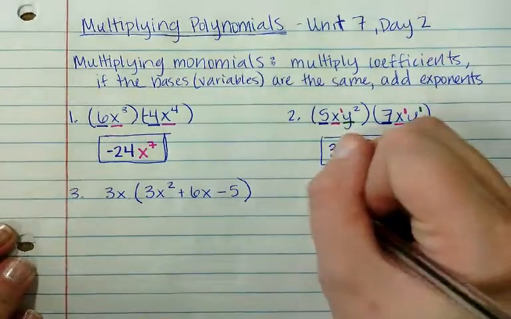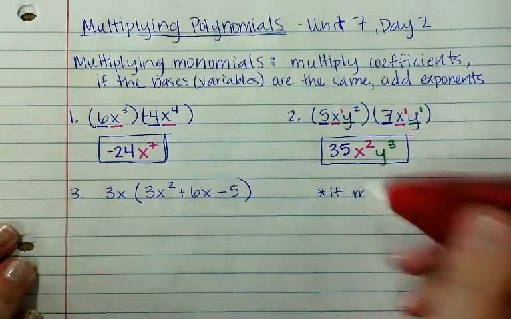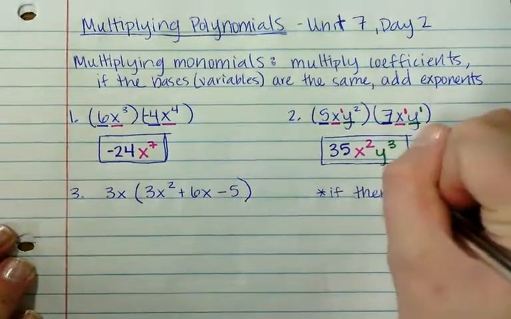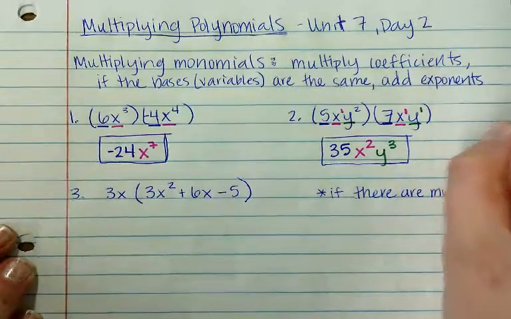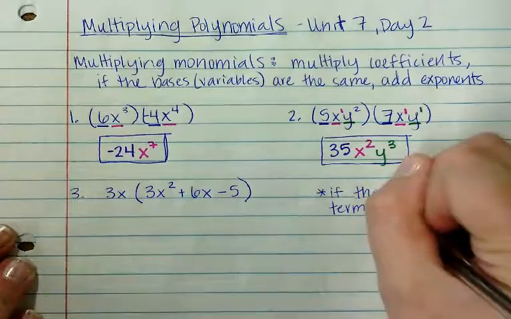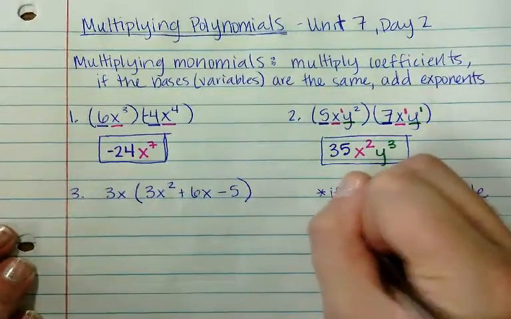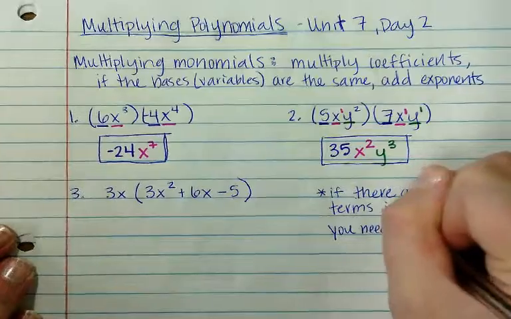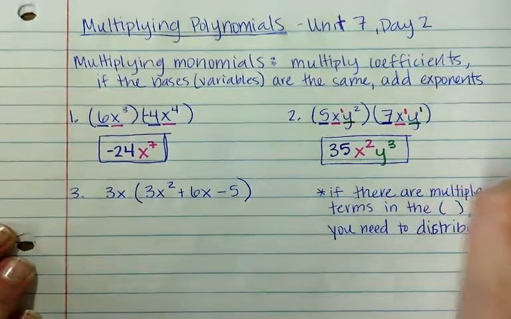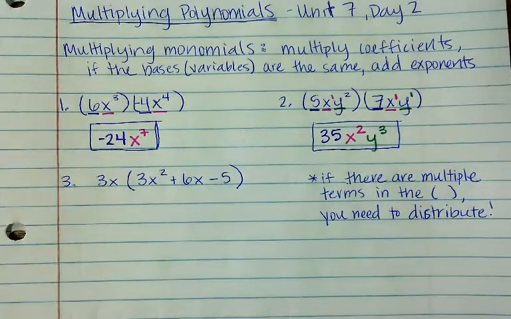And so what's important to notice, guys, if there are multiple terms in the parentheses, you need to distribute. All right? So if there's multiple terms in the parentheses, we need to distribute.